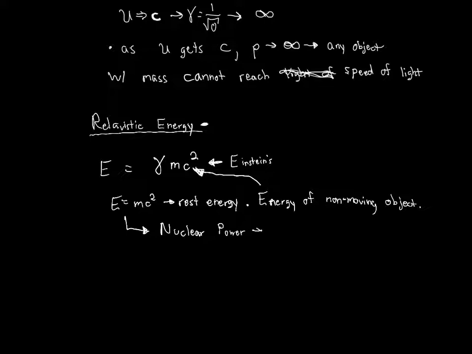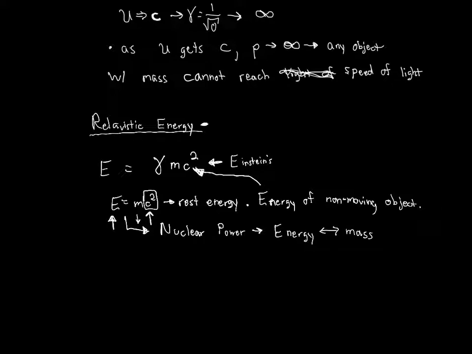Because what this tells us is that energy and mass are the same thing. We can convert between the two by breaking up mass into energy. And even a small amount of mass becomes a huge amount of energy because of this c squared. Speed of light is a very big number, so when we multiply a small mass times the speed of light squared, we can get out a really, really big energy. And this is what we do in nuclear power plants.